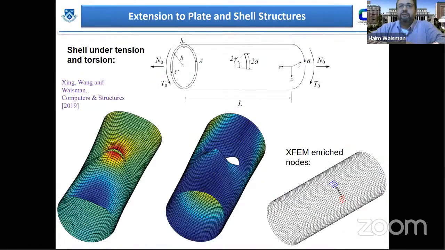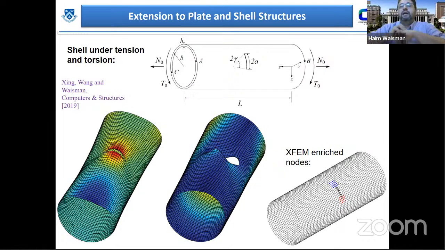And then I guess a final example on this topic is that we have also extended the idea to model shells and plates. I'll just mention that in plates and shells, not only are you enriching the displacement field, but one also has additional bending terms and moments.